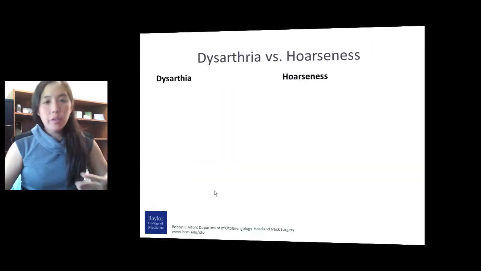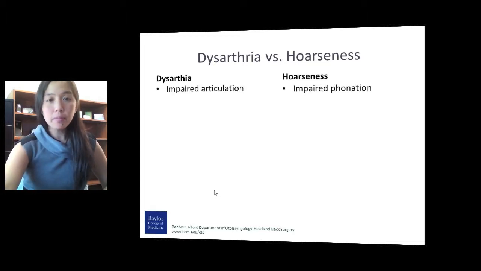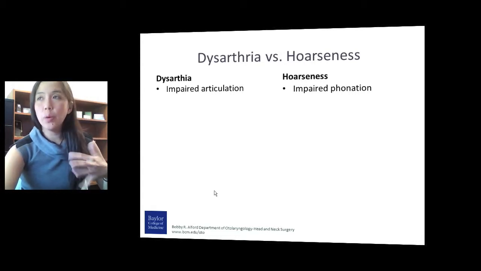When you think of a patient who has problems with speech, we call that dysarthria, versus a patient who has hoarseness. If a patient presents with one or the other of these symptoms, it's going to lead you down a different diagnostic path. Dysarthria means difficulty with articulation of words, whereas hoarseness means the sound signal is going to be noisy.